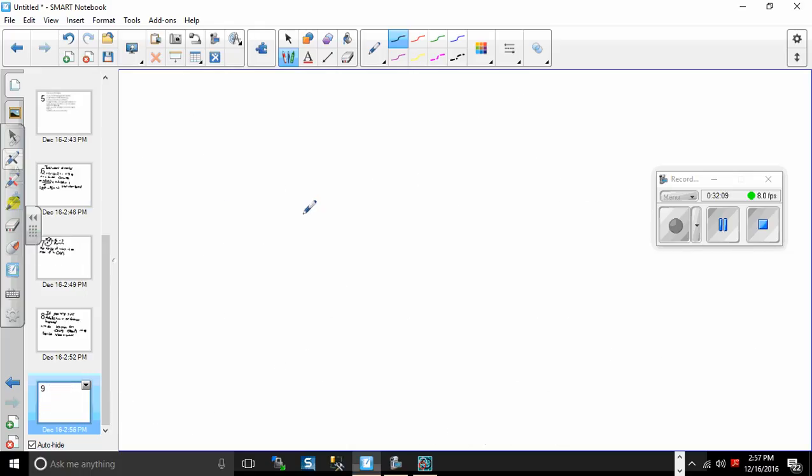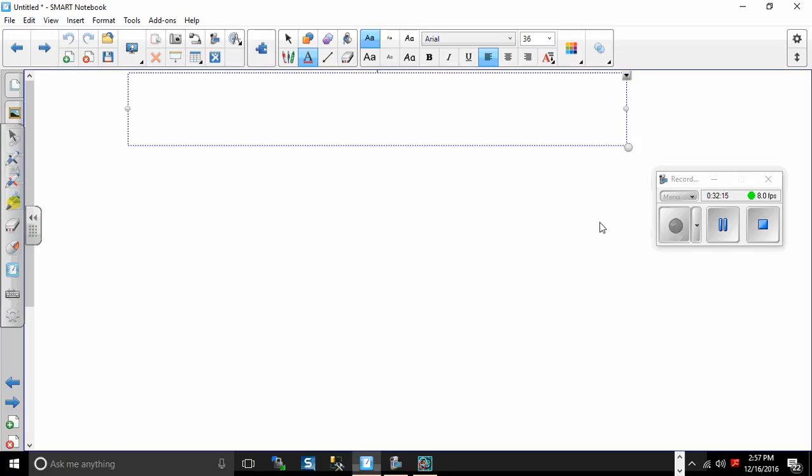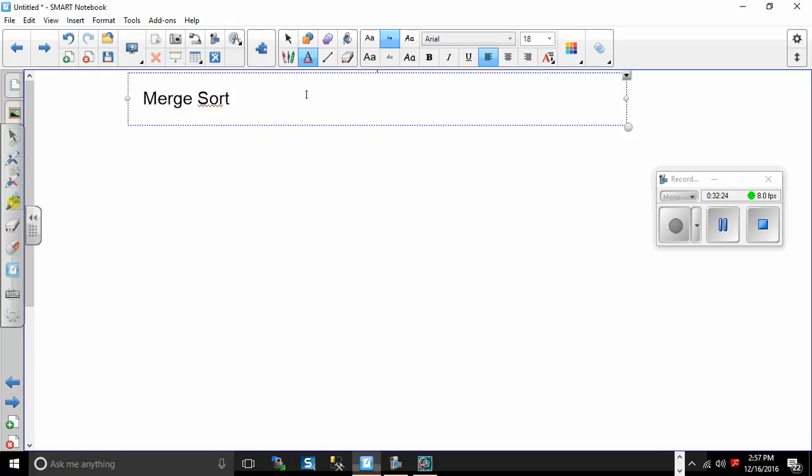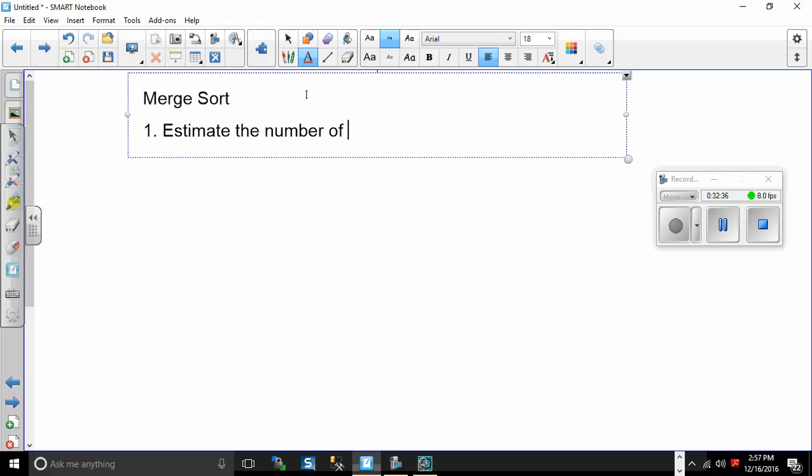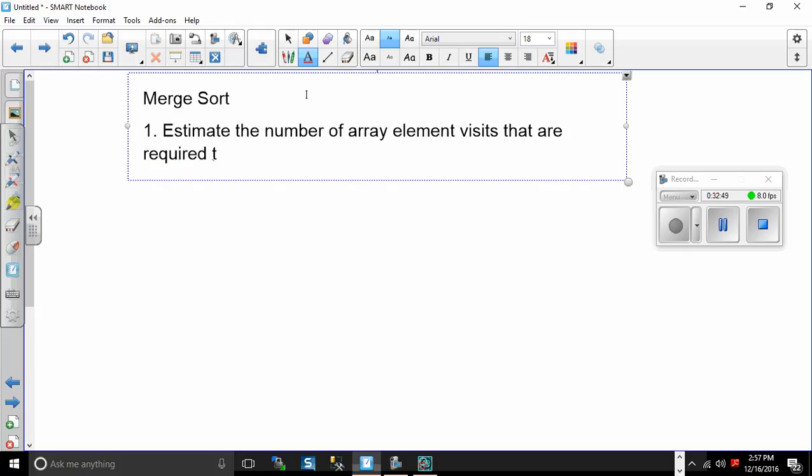All right, so with merge sort performance, we must estimate the number of array element visits that are required to merge sort an array.